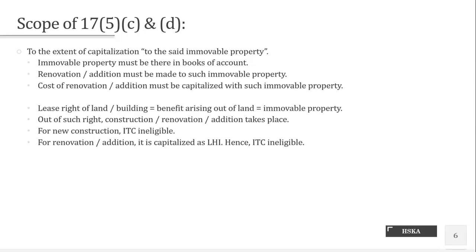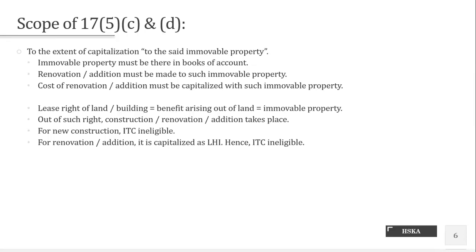Only then can I have additions or renovations done to such immovable property. For example, I have the original building in my books. Then I do some renovations or repairs, and if that renovation, repair, or addition is allowed to be capitalized as per the PPE norms, then only the cost of such renovation or addition is what is restricted.